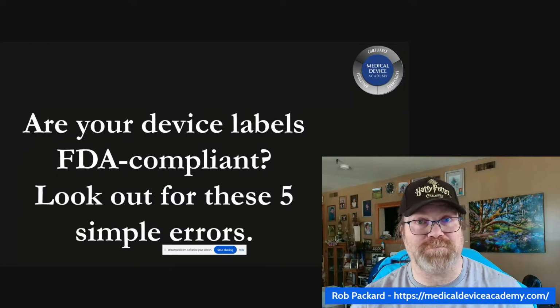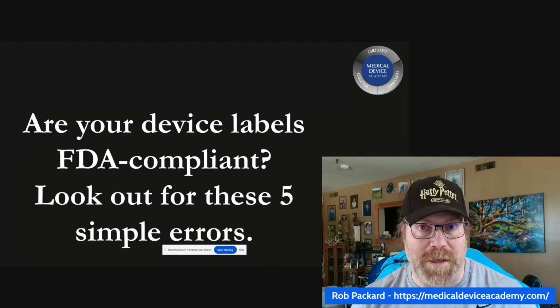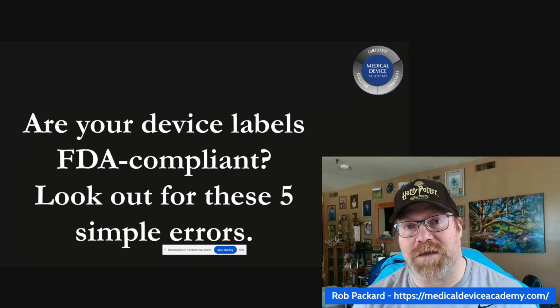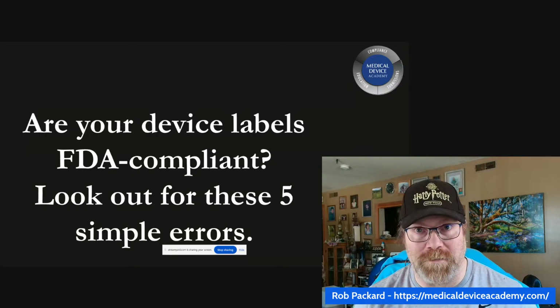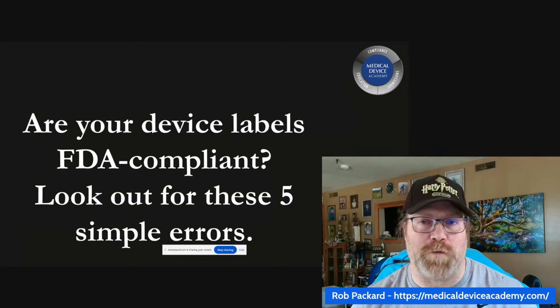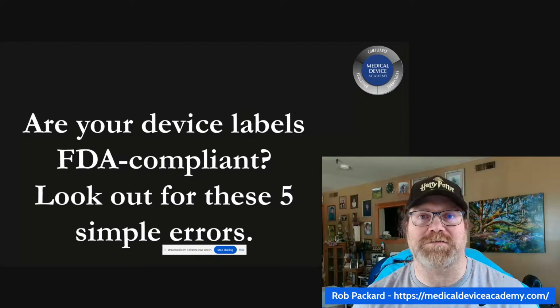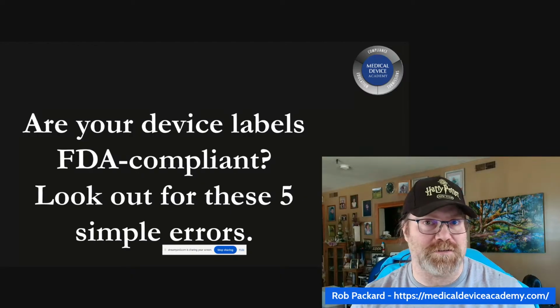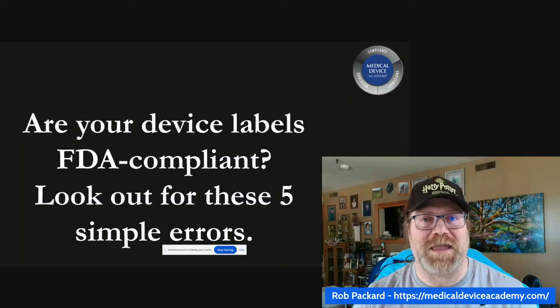There's also a specific regulation for labels. That's 21 CFR 801. So if you're wondering where are the rules for what goes on a label, that's where it is. 21 CFR, Code of Federal Regulations is what CFR means, and it's 801.